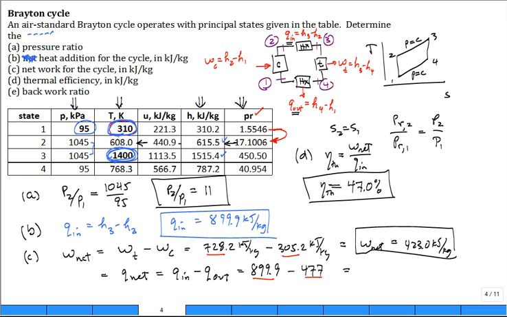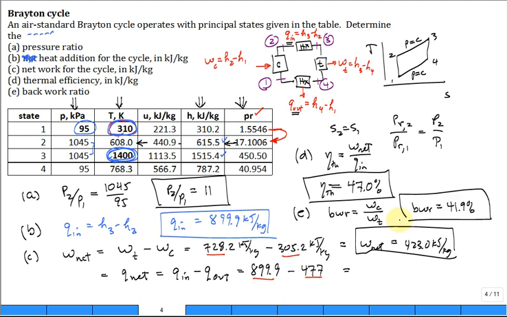And then the back work ratio for part E. The back work ratio. Well, that concept was already introduced for the vapor power cycles. So how much has to go back to feed the compressor of what was produced by the turbine? And so the back work ratio in this case is 41.9%.